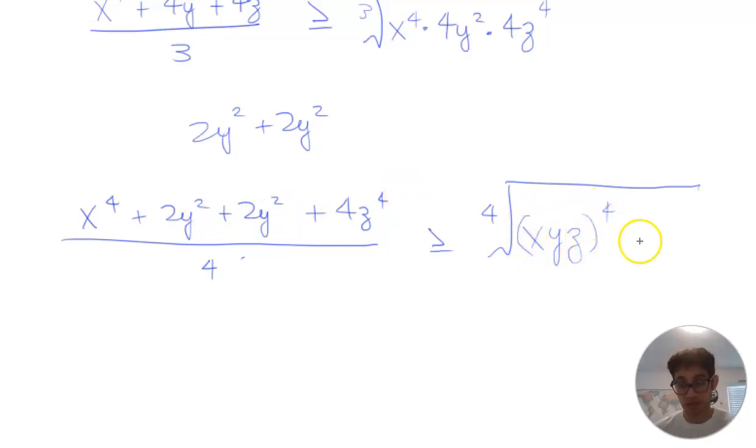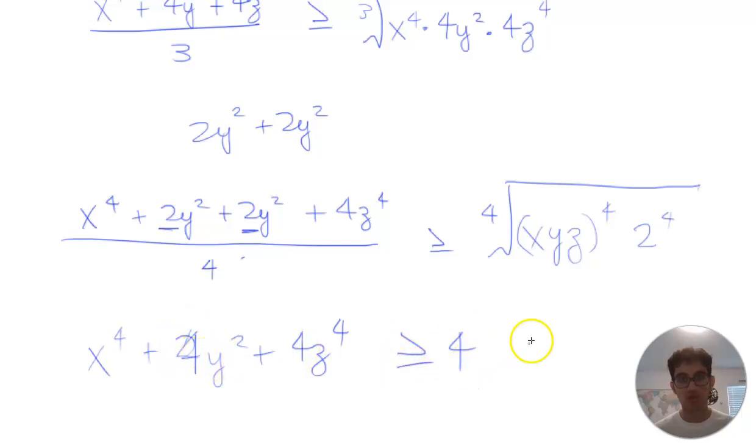And this is just a nice little coincidence, but it's 2 times 2 times 2 squared. So that's also 2 to the fourth. Works out beautifully, right? On the left hand side, we now have, so I'm going to multiply both sides by 4, which is allowed, 4y squared plus 4z to the fourth. That's a 4 right there.